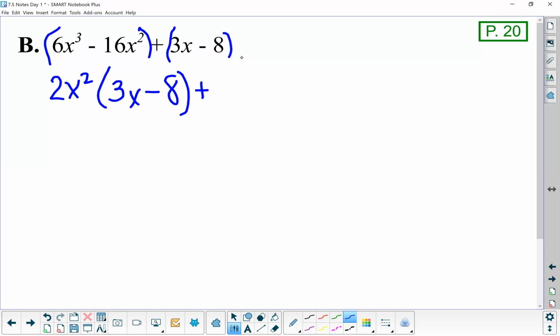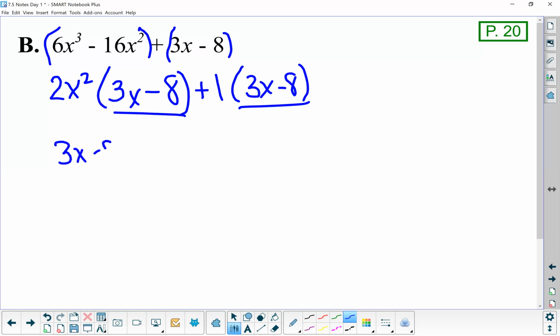3x plus 8, the greatest common factor there is 1. And in this case, I am going to write the 1 as the greatest common factor. It makes the last step a little bit easier. So I have, again, that common term, 3x minus 8. I'm going to take that out.